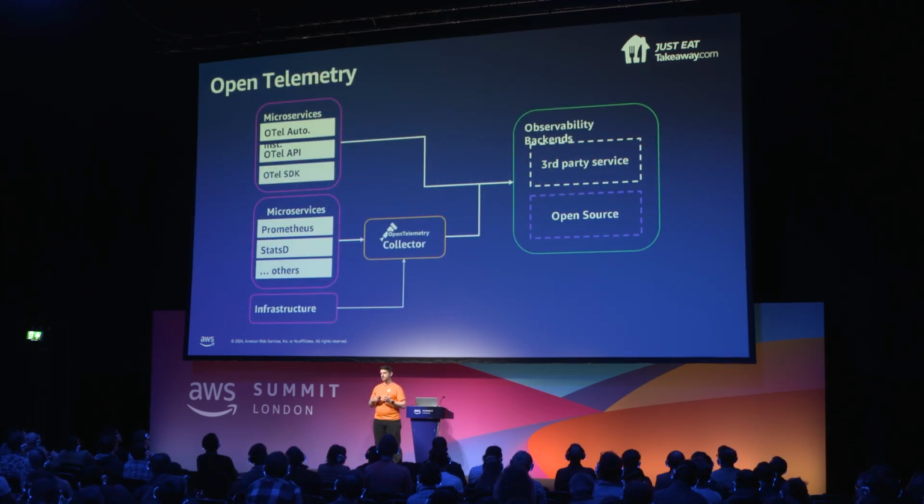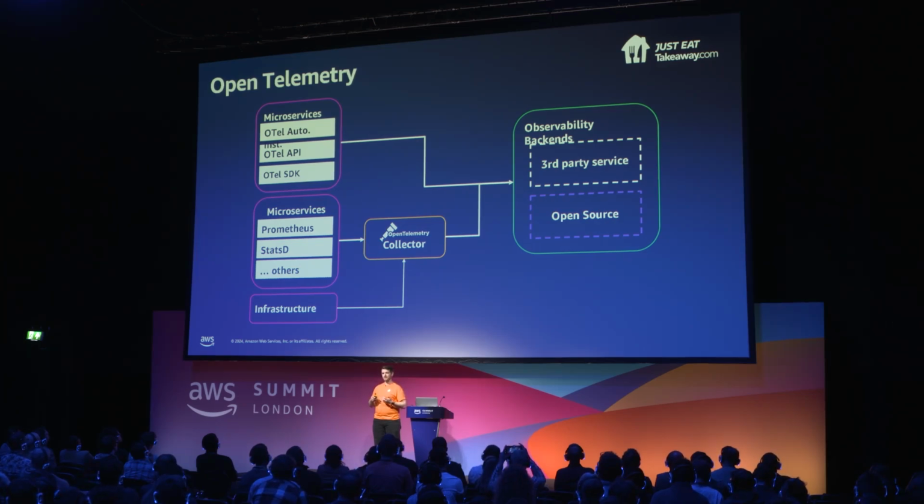On this theme of moving towards consistency, we want to take our existing tooling and the existing ways that we instrument our services and consolidate them over time. At the moment, like many of you here, we're using tools like Graphite, StatsD, Prometheus, a number of different logging libraries, a number of different tracing libraries. But OpenTelemetry has arrived on the scene in recent years as a vendor and tool-agnostic, consistent way to produce telemetry data.